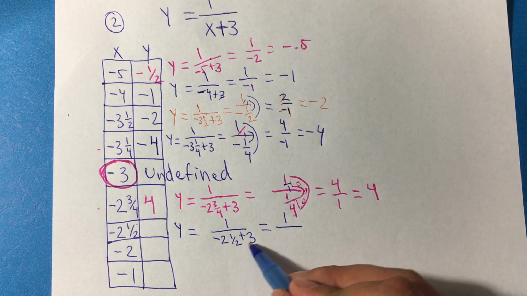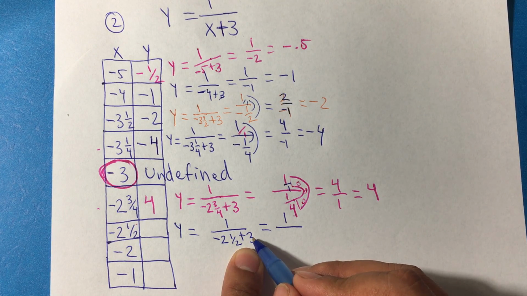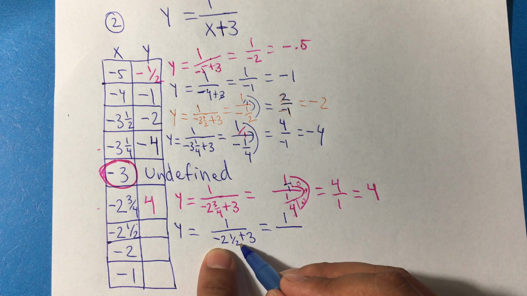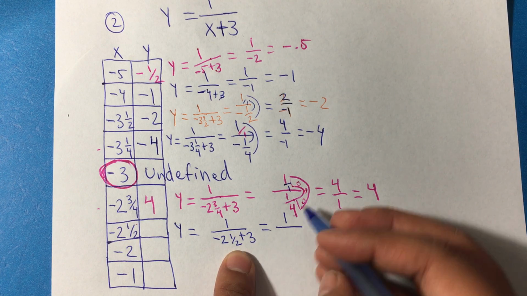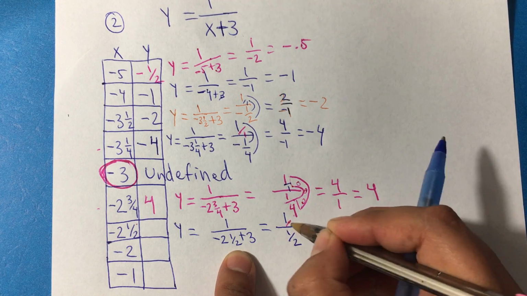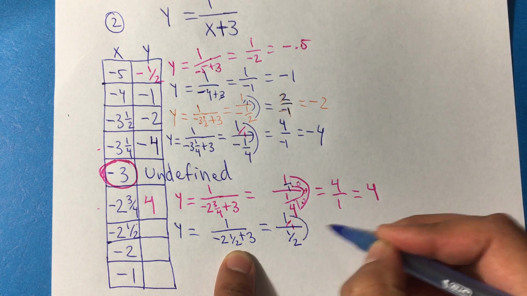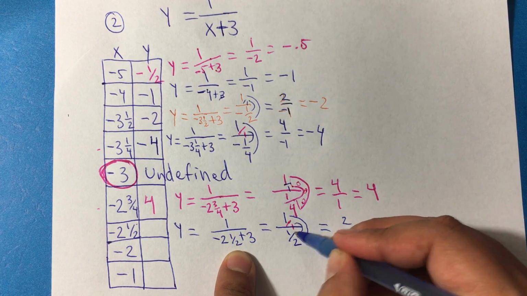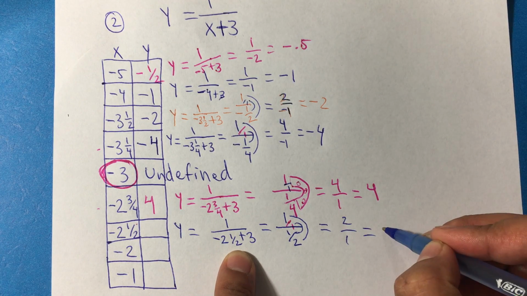Again, we have 3 cakes and we're taking away 2 and a half of the third one. So I'm just left with 1/2. We put it over 1 and multiply: 1 times 2 is 2, 1 times 1 is 1, and 2 divided by 1 is 2.